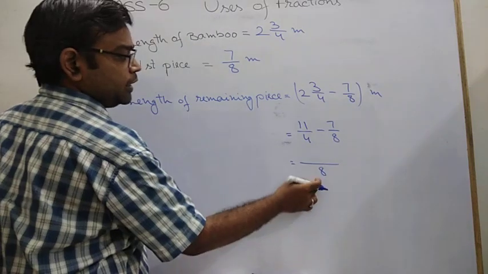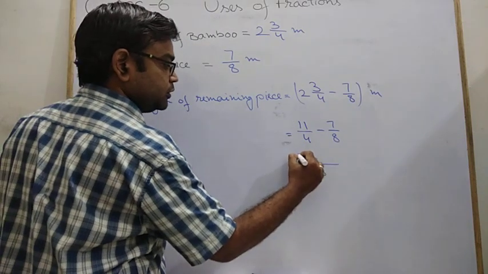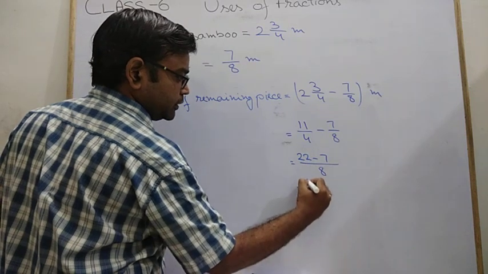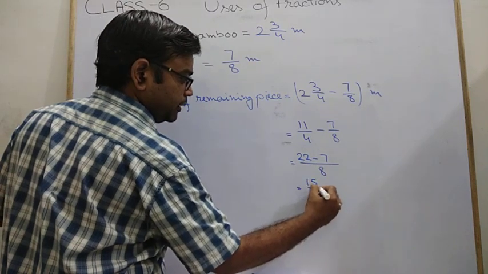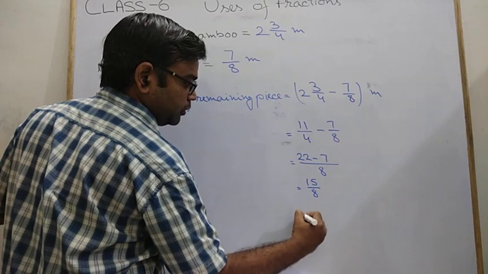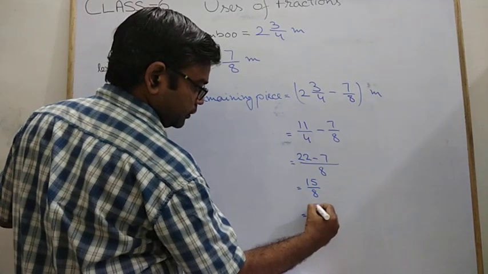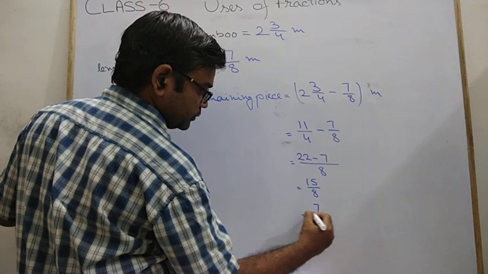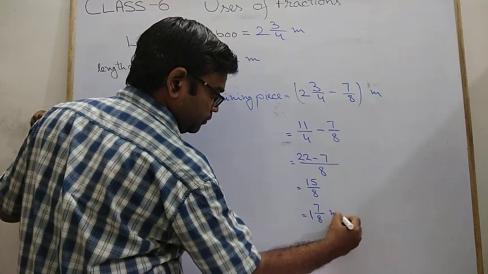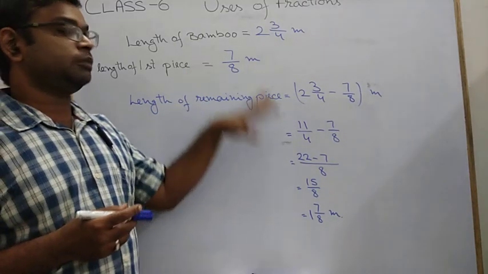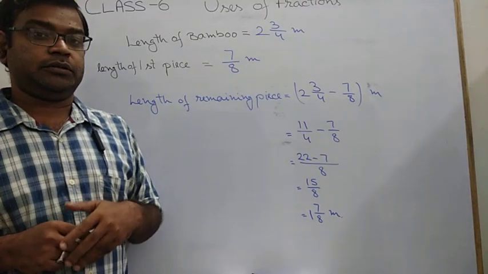So 4 twos are 8, 11 times 2 is 22, minus 7. It is 15/8, or we can say 1 whole 7/8 meter. So this is the concept of subtraction.